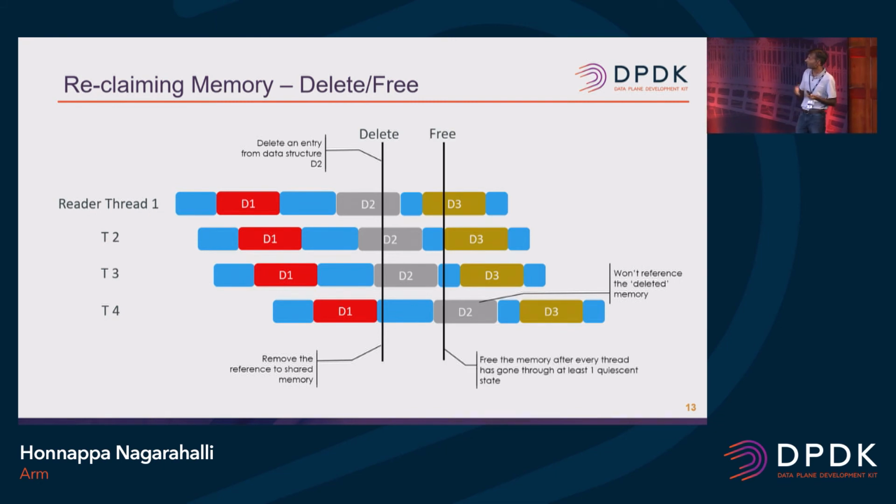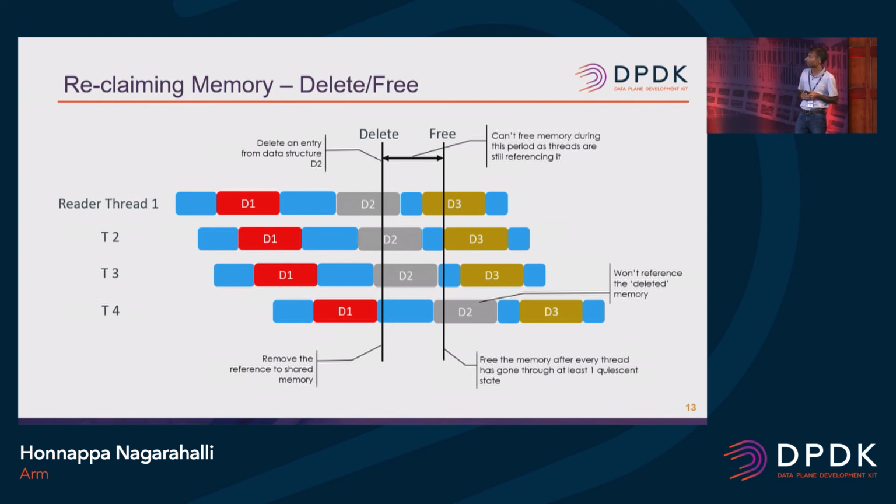So when can we free the memory associated with that entry? You can free it only after every thread has gone through one set of quiescent state. So we can't free it in that time gap between delete and the end of the quiescent state.